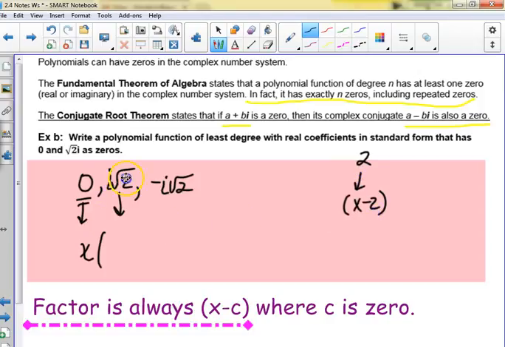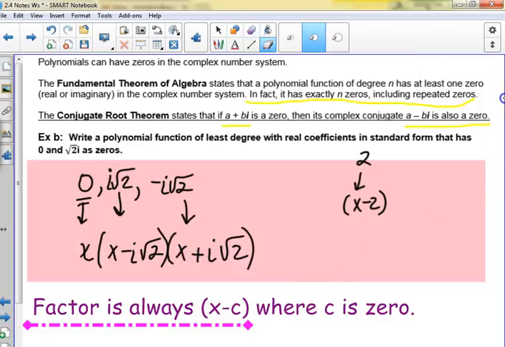Okay, so if this is a zero, then x minus i square root of 2 is a factor. Don't have to do anything else with it yet. Does that seem okay? It says down here a factor is always x minus c, where c is the zero. So what is this going to look like? Yes, x minus negative i square root of 2 will become plus i square root of 2. Okay, we're halfway there.